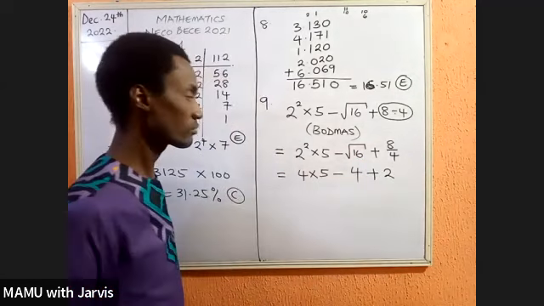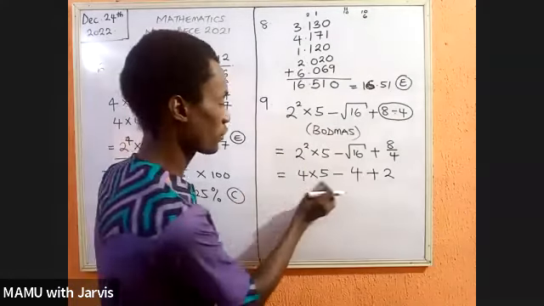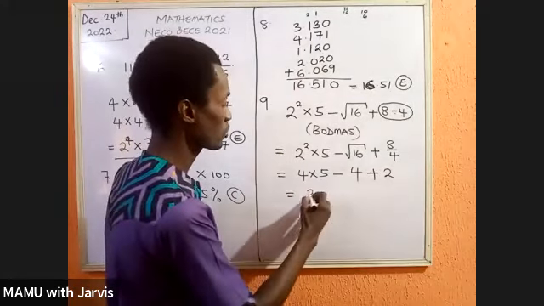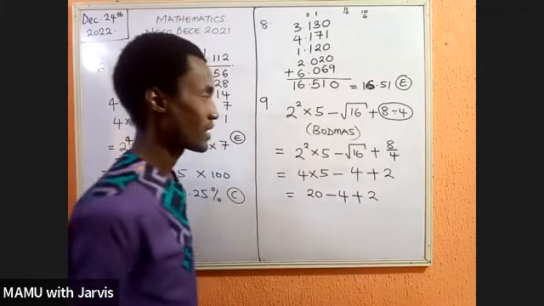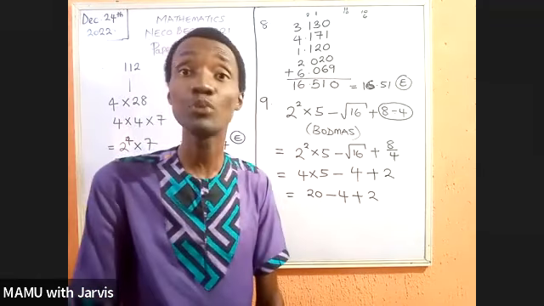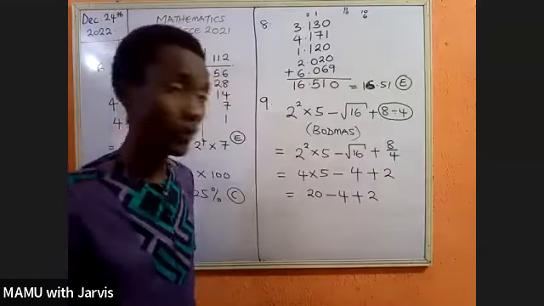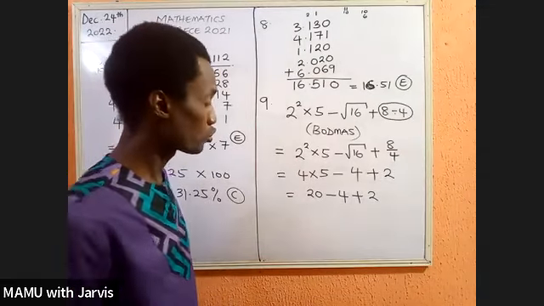Plus 2. Now, this is where you need to be very careful. You need to take care of this first. And that will give me 20 minus 4 plus 2. Now, it says do addition before you do subtraction. But I'm going to tell you that you can do both together. The most important thing is to be very careful about what you want to do.